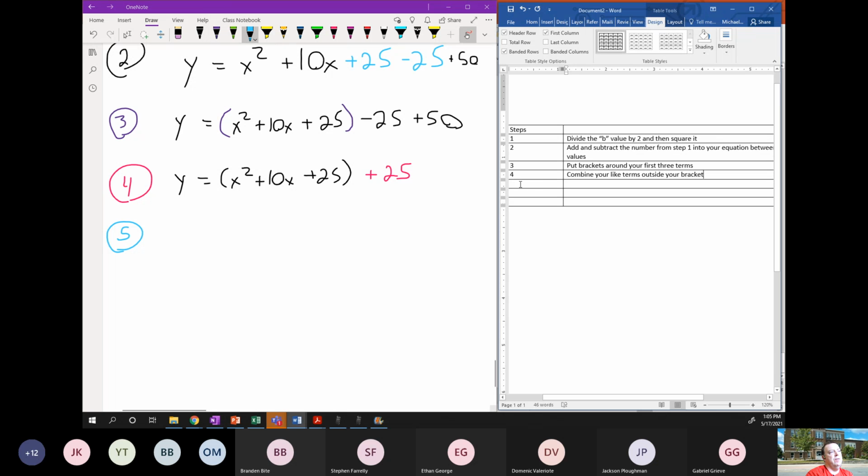Let's go step 5. We're going to factor the terms inside the bracket now. Okay. I'm going to put a note in there that they're a perfect square. It should be a perfect square now.